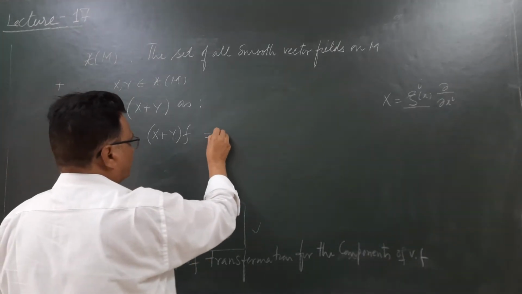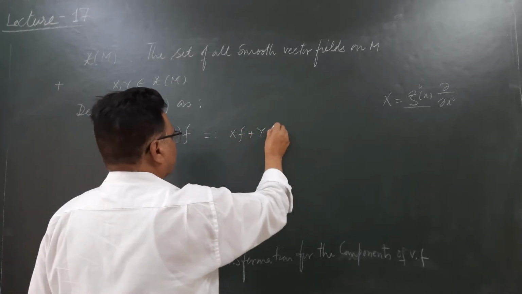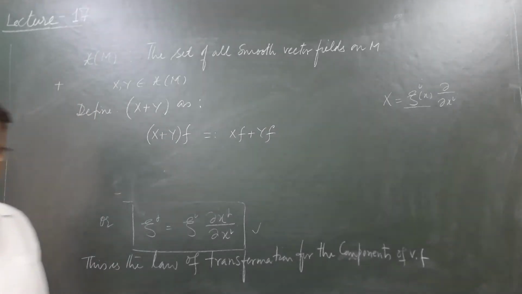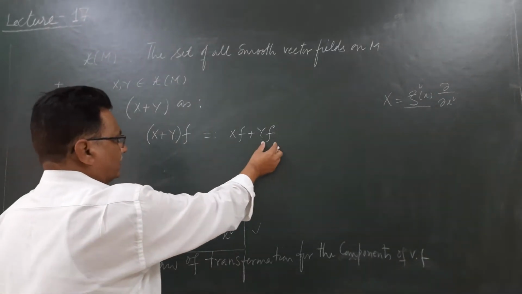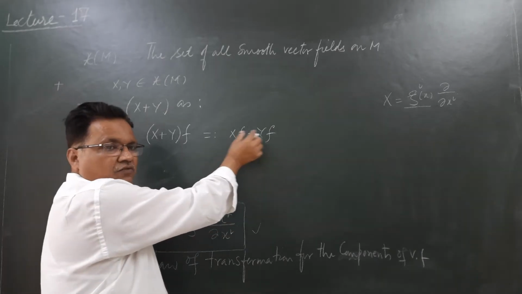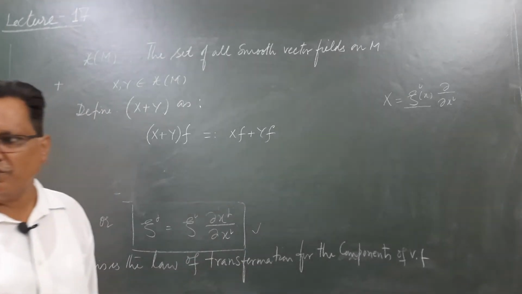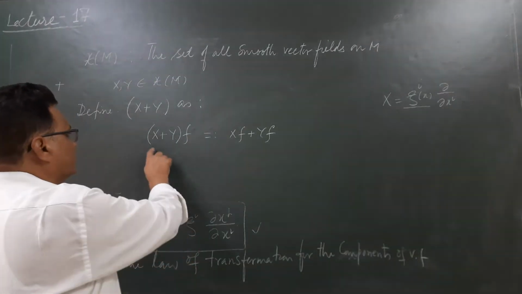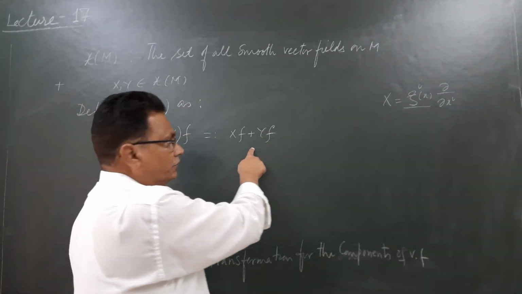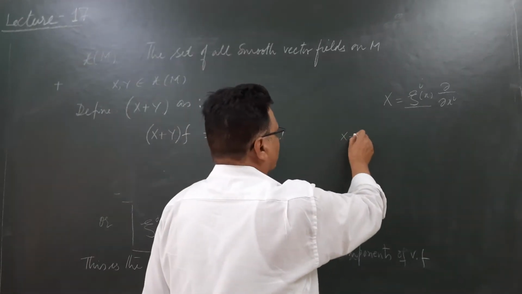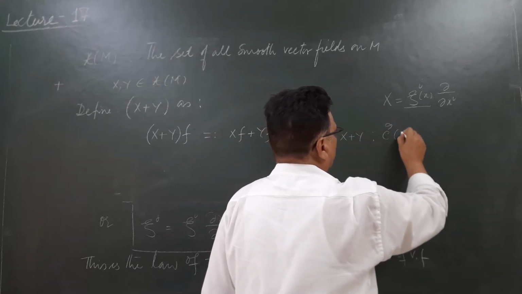So I propose the definition as Xf plus Yf. Look, the right side is a function, Xf is a function, Yf is a function, and this is the sum of two functions. So when X plus Y operates on a function, it gives me a function. So you can see from here that X plus Y is something which maps functions to functions.